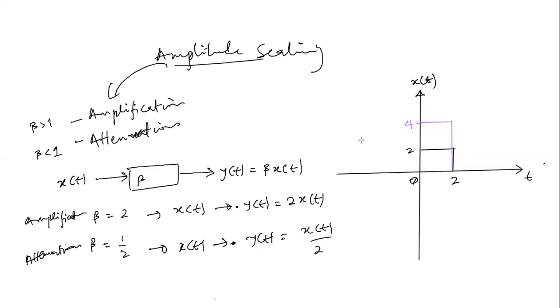Alternatively, we may want to achieve attenuation. Then it means that we are multiplying by a parameter that is less than 1. So let's say half. Let's say this is 1, right? So 2 divided by 2, that's 1.